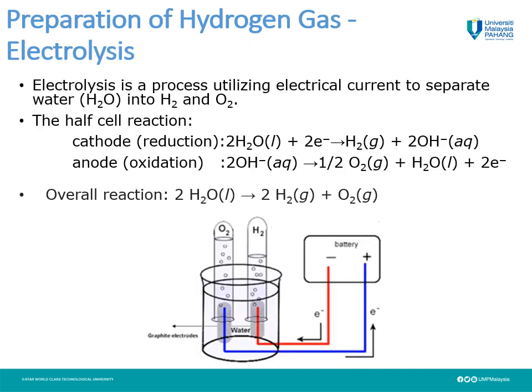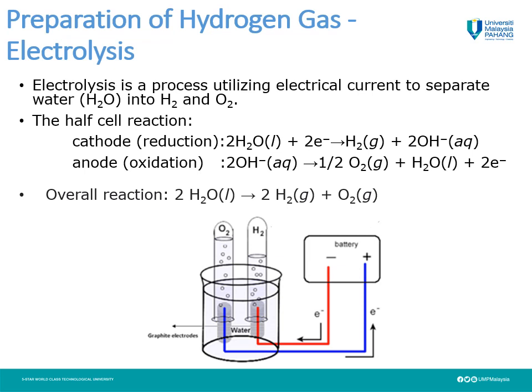The third preparation method of hydrogen gas in this discussion is electrolysis. Electrolysis is a process utilizing electrical current to separate water into hydrogen and oxygen.